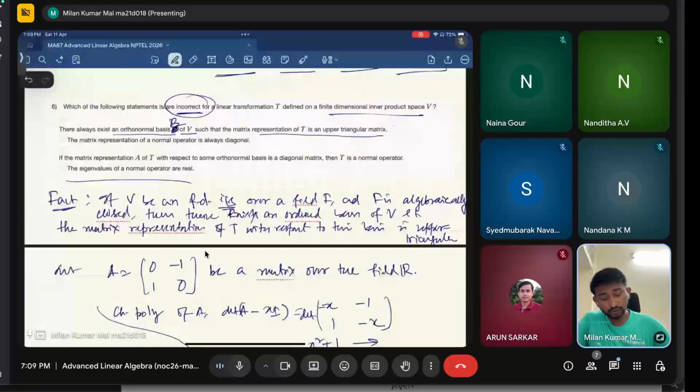There is a theorem, a very standard one and the ultimate theorem of an advanced linear algebra course.